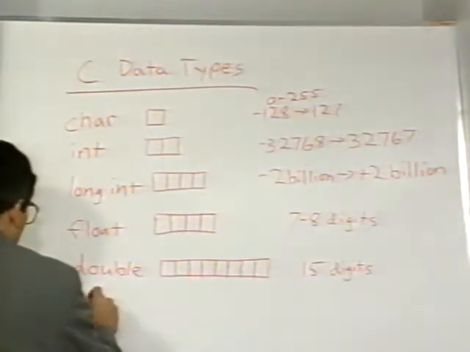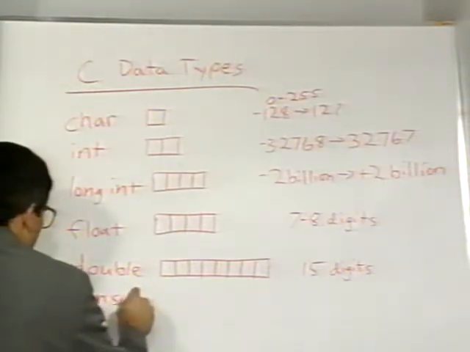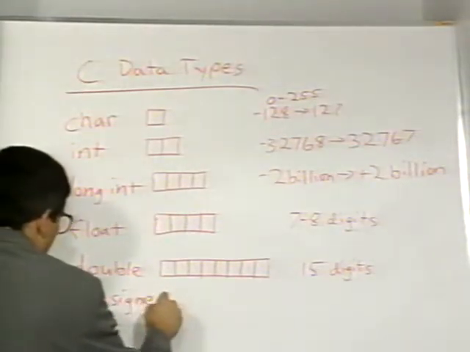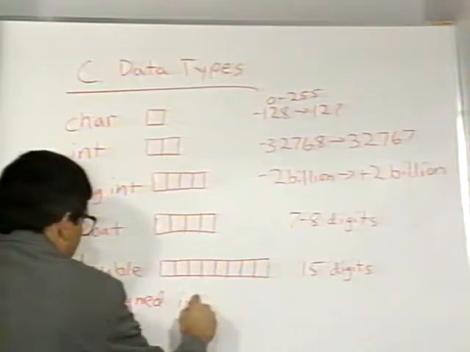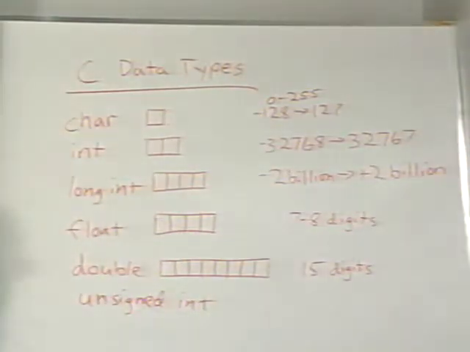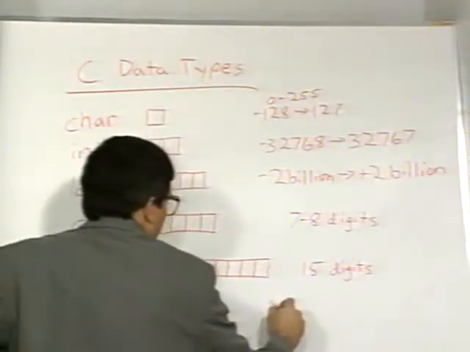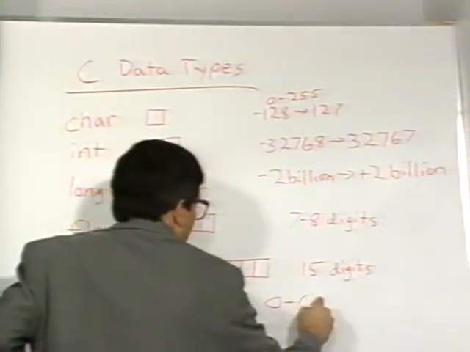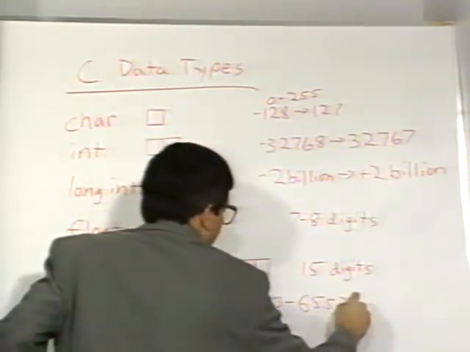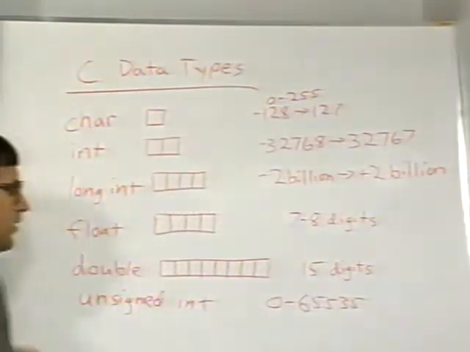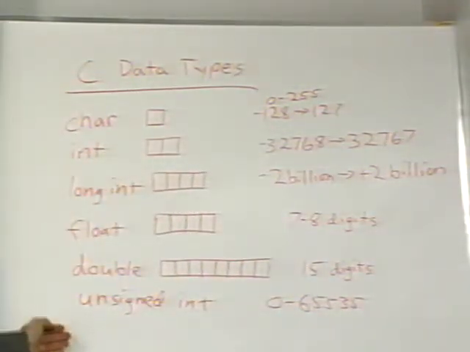For example, unsigned int produces a data type that goes from 0 to 65,535. An unsigned integer corresponds to the Pascal word data type.